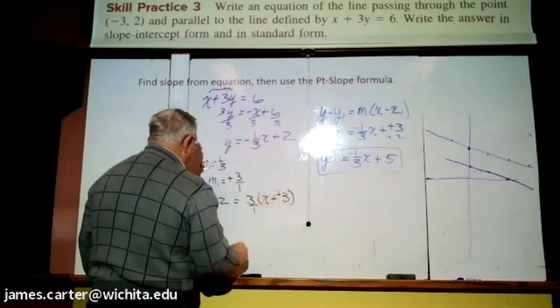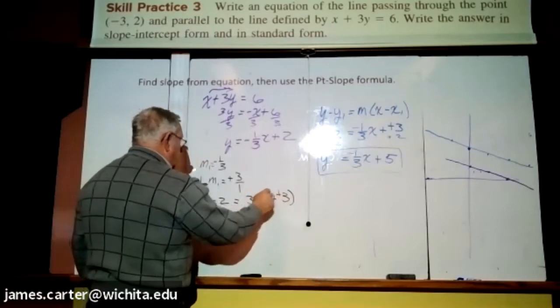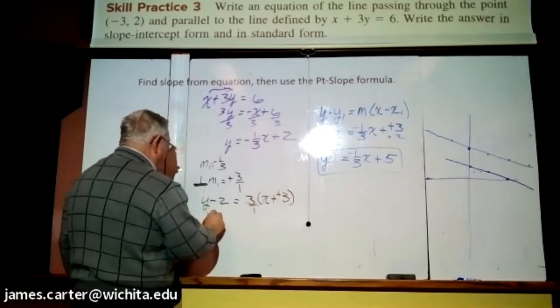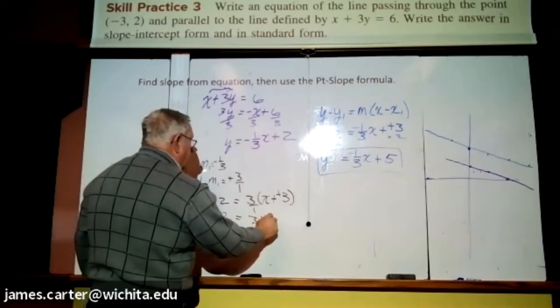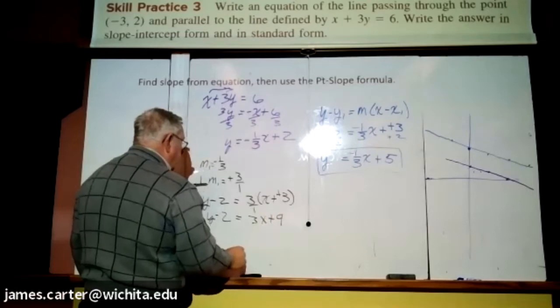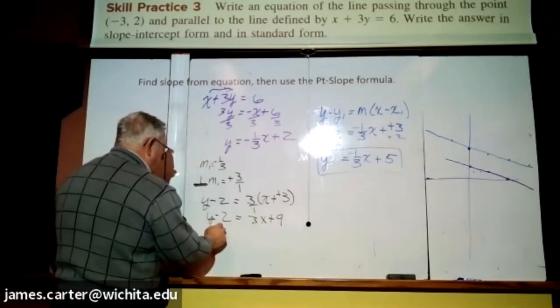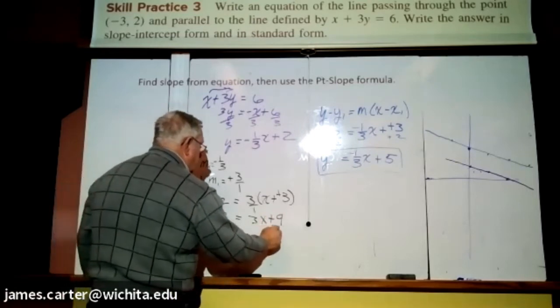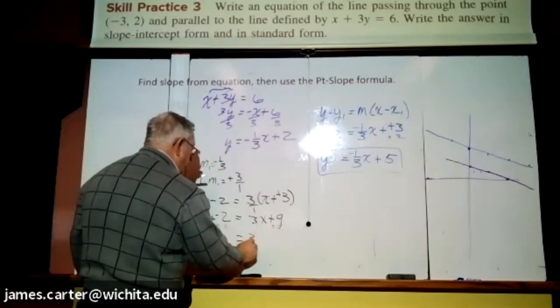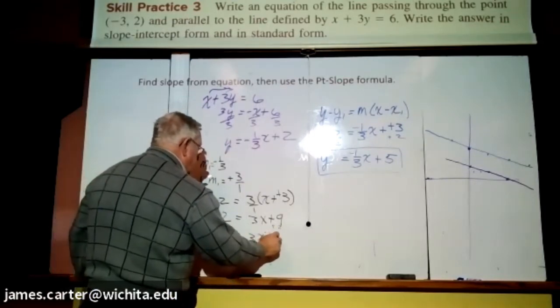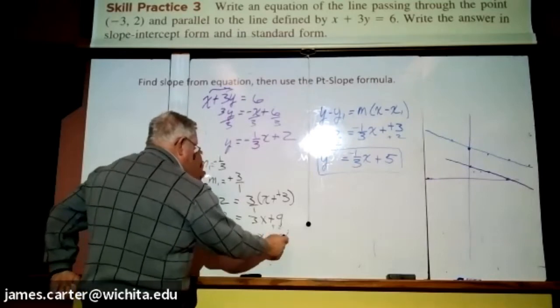Go ahead and change those. Now we'll distribute this. y minus 2 equals 3x plus 9. Add 2 to both sides. And y equals 3x plus 11.